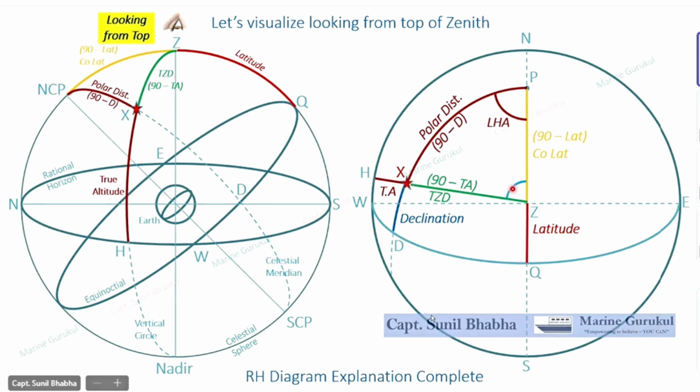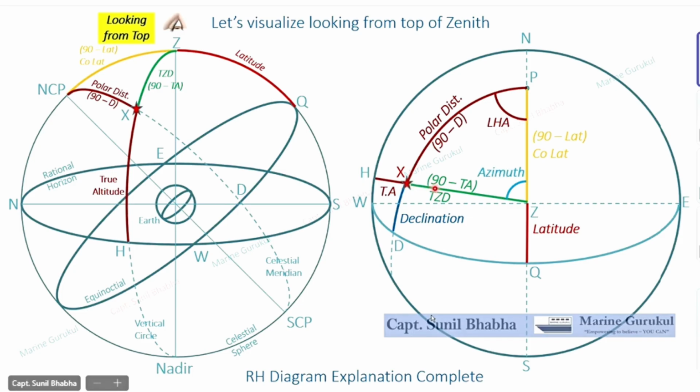So this blue color angle basically tells us that this celestial body is so many degrees west of the north direction. If you start from the north direction and you go so many degrees to the west, you will reach the direction where the body is.